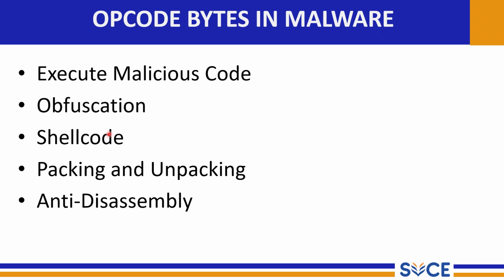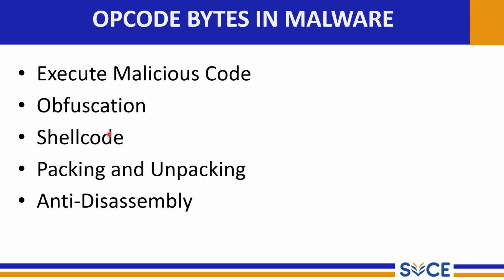Next, shellcode is a small piece of code, typically written in assembly language, used to exploit vulnerabilities. This shellcode often consists of opcode bytes that perform actions such as opening a shell, downloading a file, or injecting code.